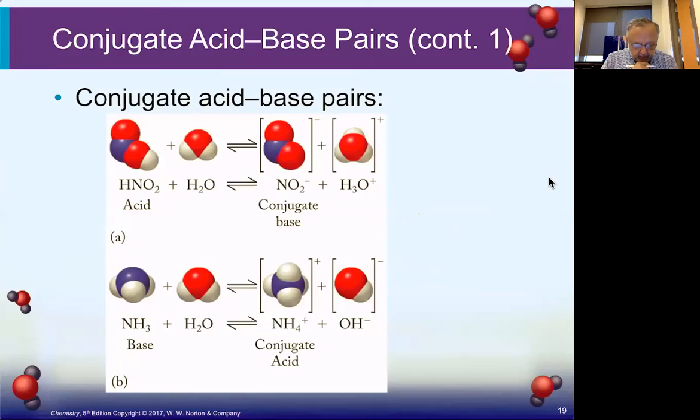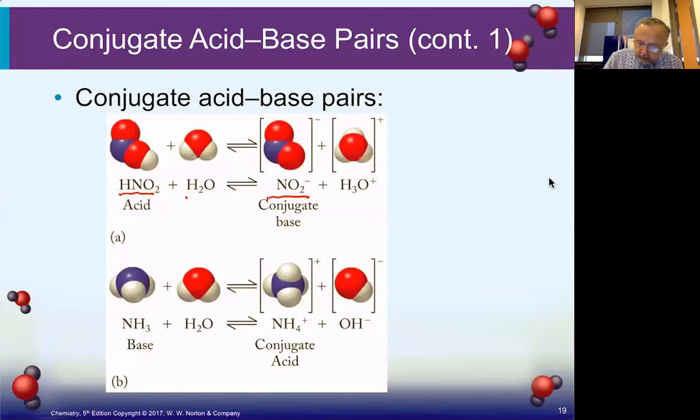So again, here you have the acid, which has the extra hydrogen. Here you have the conjugate base. It's missing not only the hydrogen, but also a positive charge, so it has turned negative.